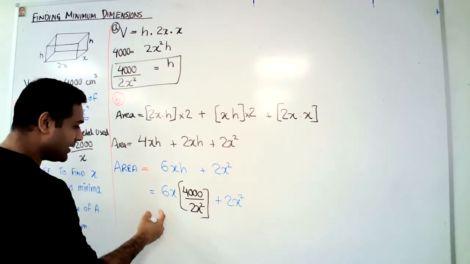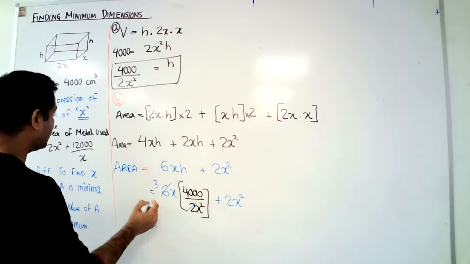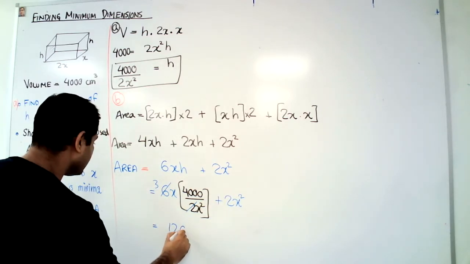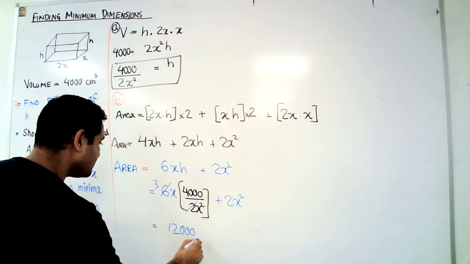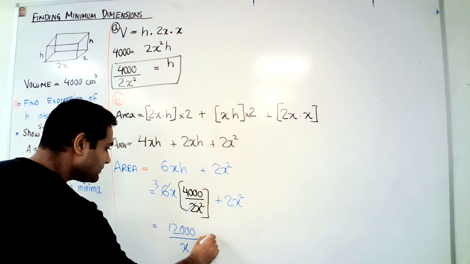Now let's simplify. That cancels, that becomes a 3, so that will become 12,000. The x squared and that cancel, leaving an x.